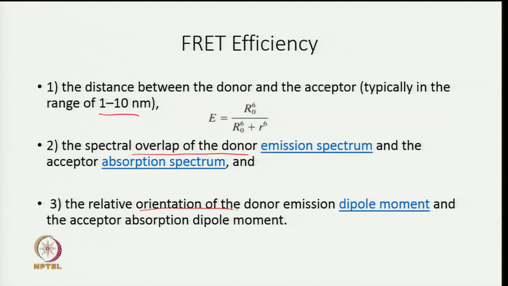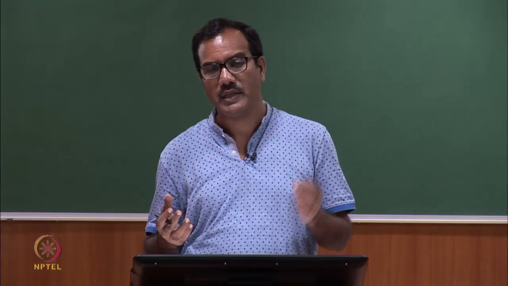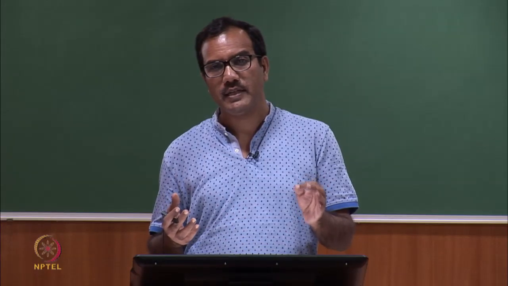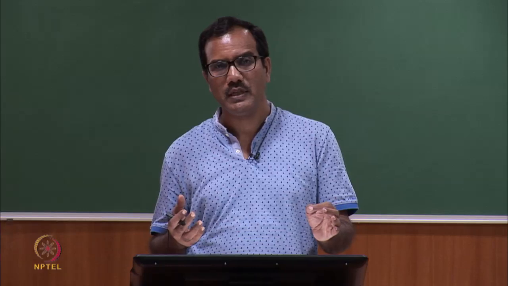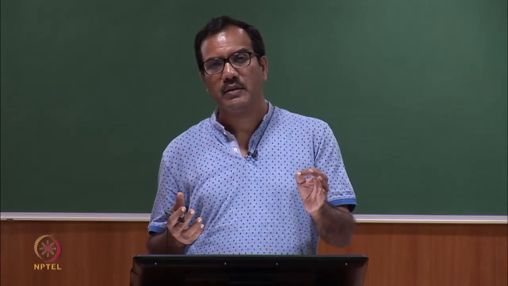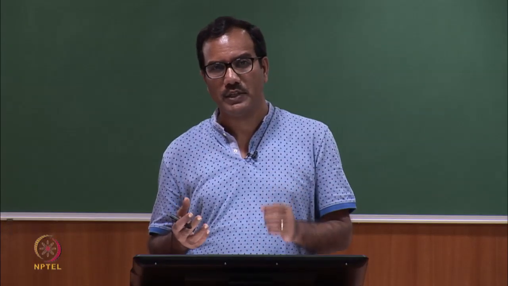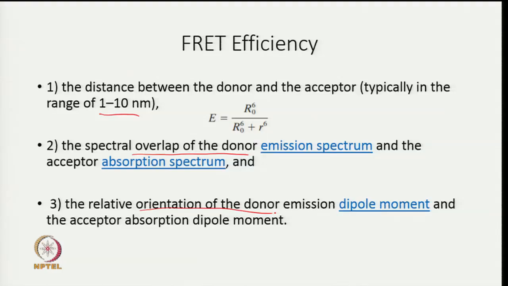And the last one is the relative orientation of the donor emission dipole moment and the acceptor absorption dipole moment. Since we have already discussed that FRET is due to dipole-dipole interaction between acceptor and donor molecule, the relative orientation of the two dipole moments matters.